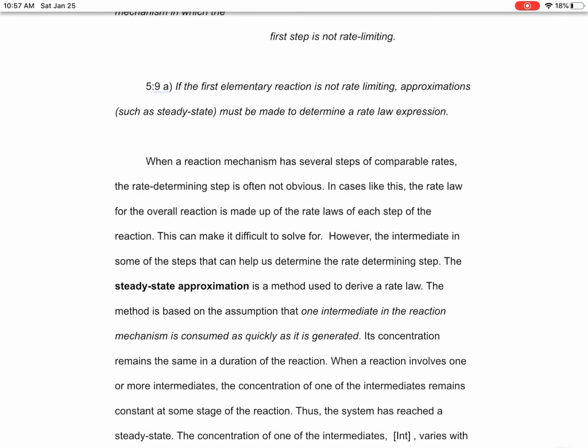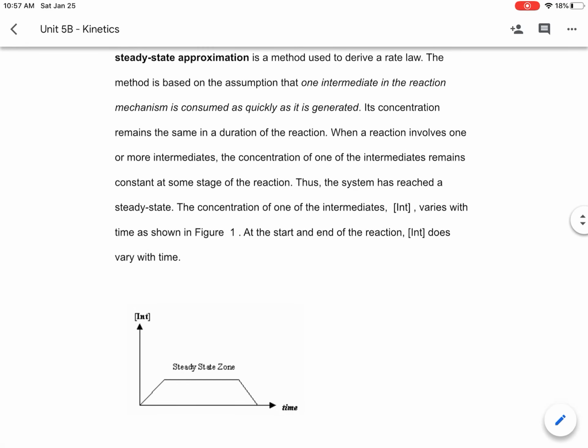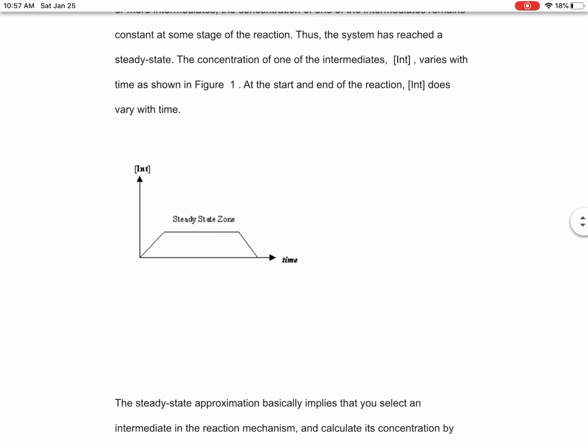for the overall reaction. So the steady state approximation says that because we are making the assumption that an intermediate in the reaction mechanism is consumed just as quickly as it's generated, we can use the rate of appearance and the rate of disappearance for that intermediate to determine the overall rate law of the problem.